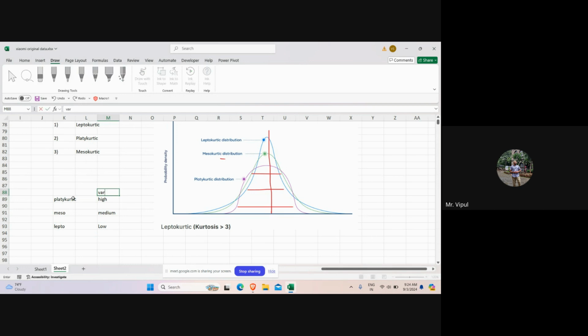This is variance. This is types of kurtosis.